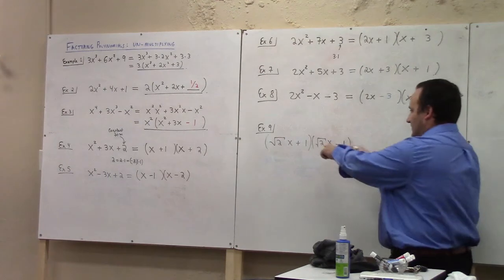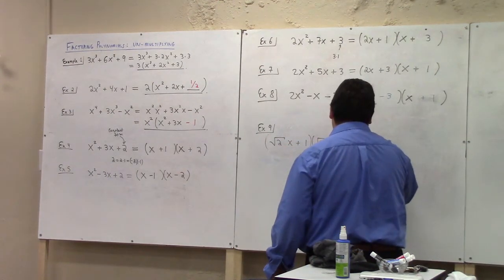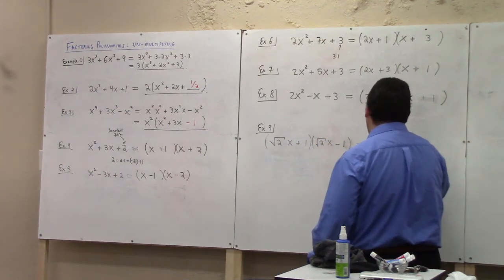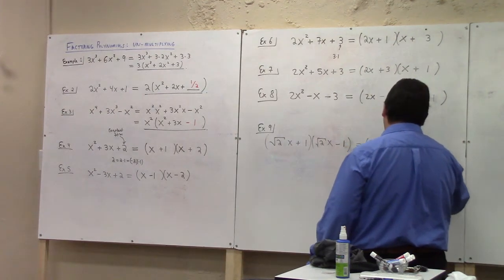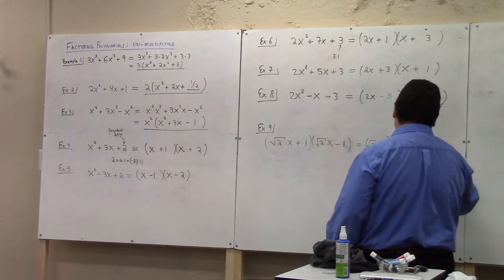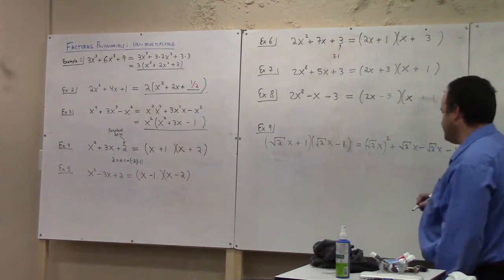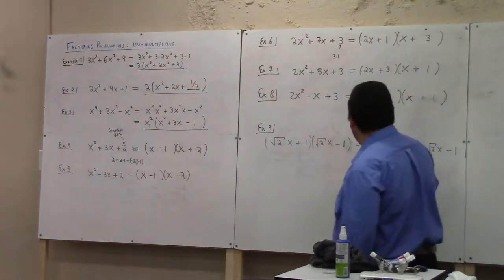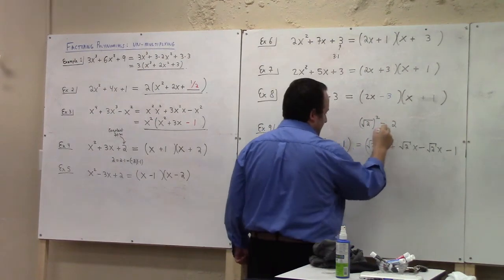So what happens when you multiply this out? You get what? Square root of 2x squared, right? Plus square root of 2 times x minus the square root of 2 times x, yeah? Minus 1. What's the square root of 2 squared? It's 2, right?